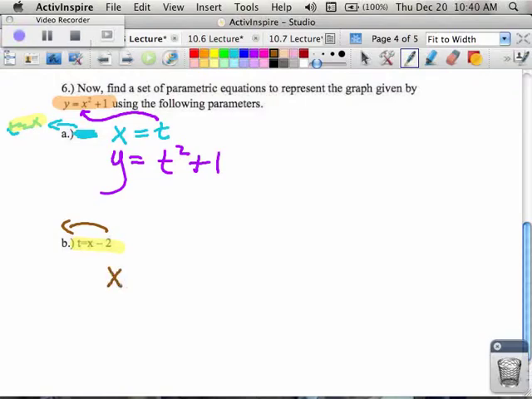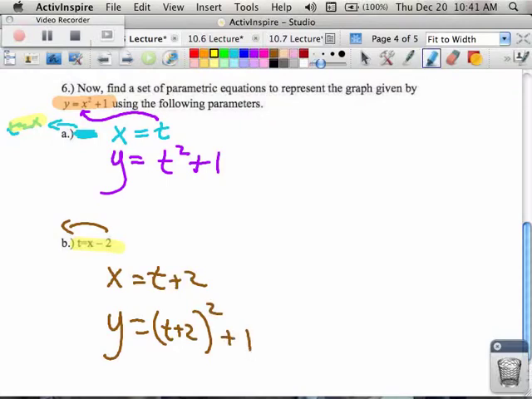And that means x is equal to t plus 2. I just move the 2 over by adding 2 to both sides of the equation. Then my y will be equal to (t plus 2) squared plus 1. Because this stuff right here was what the x value was.